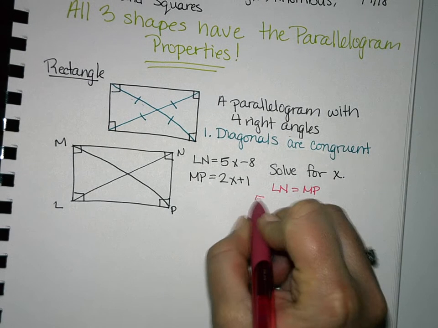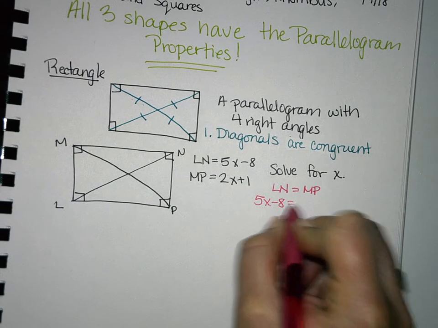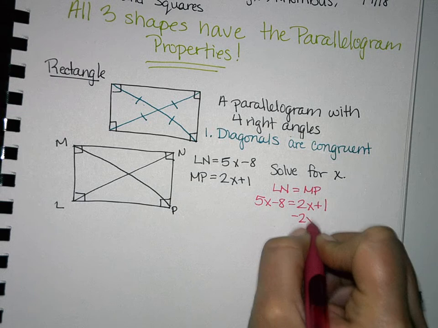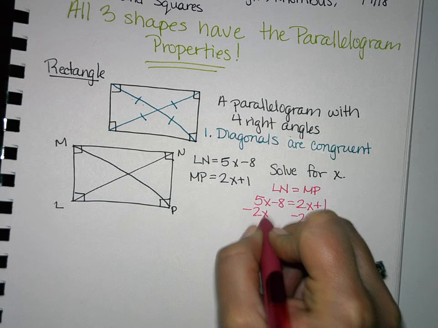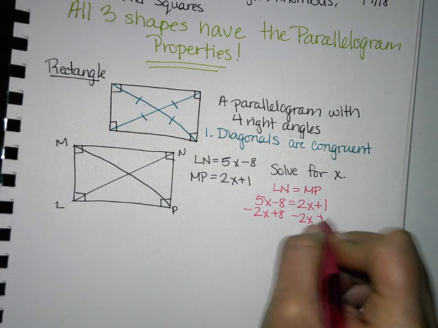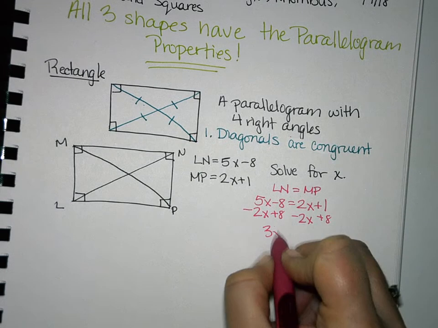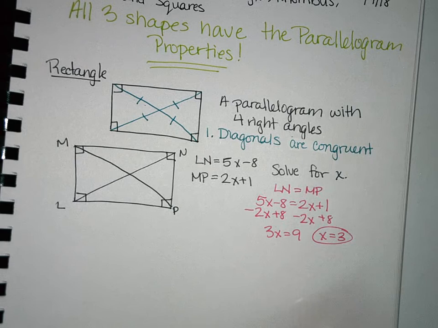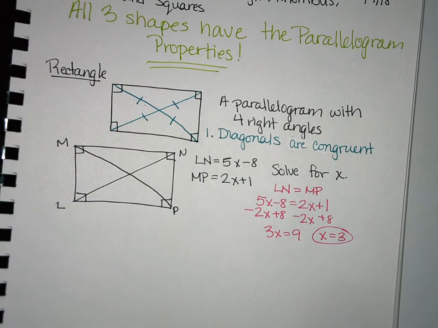So if we set 5x minus 8 equal to 2x plus 1 and solve, so subtract 2x, add 8, we get 3x equals 9, so x would equal 3. That's pretty much what the problems on your assignment are going to look like, where you use your new property to help you set up an equation and solve.